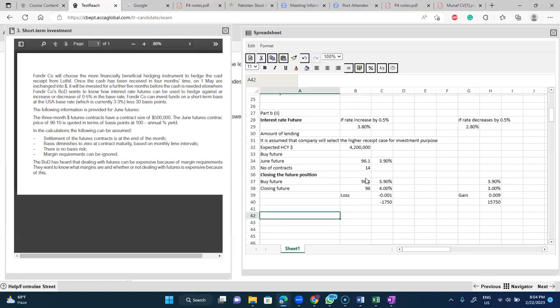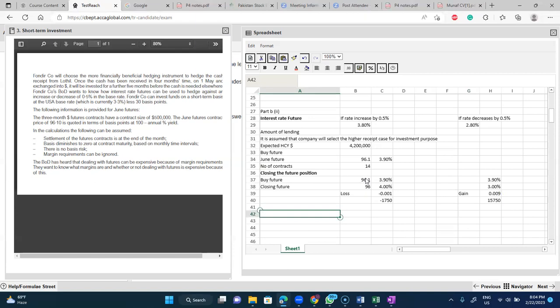Okay, now expected income versus actual return in market. So in market, interest rates are 3.8%. And the loss is this. So the net income is 3.7%.